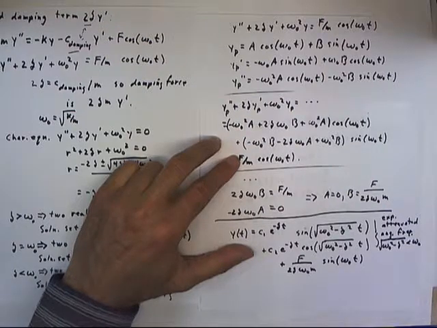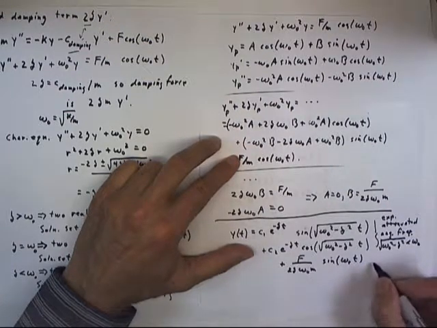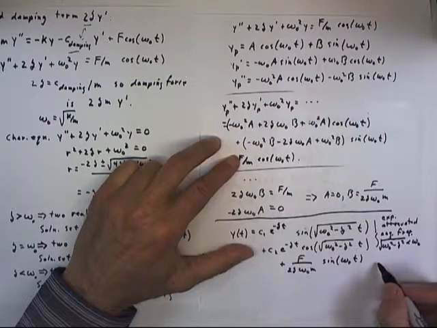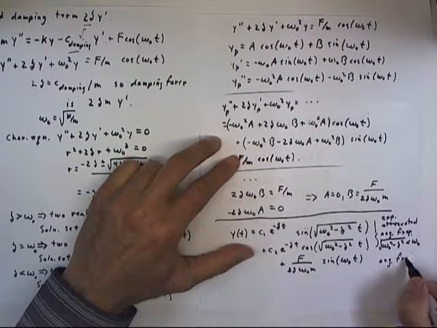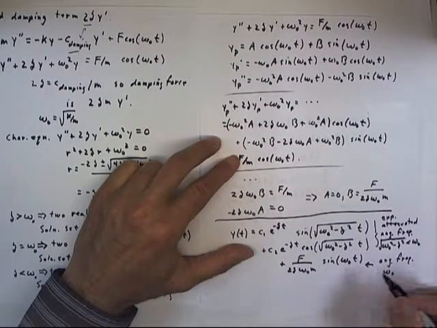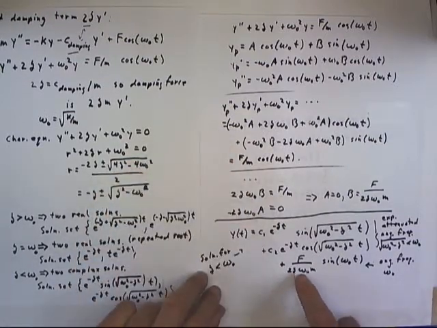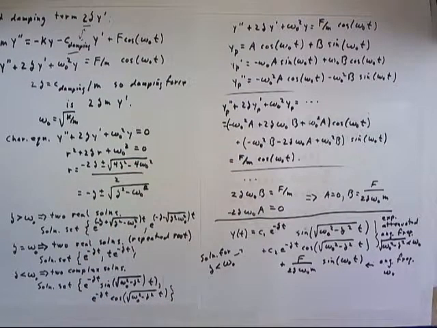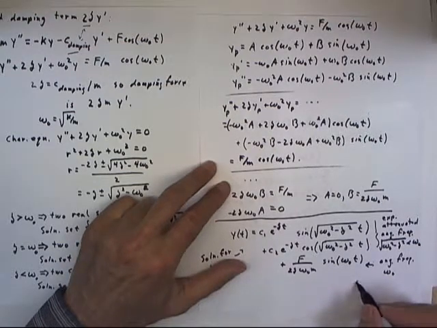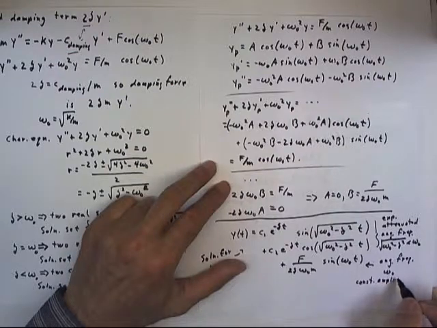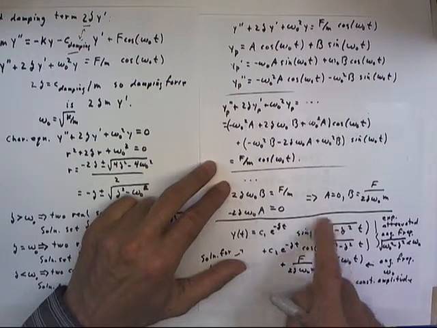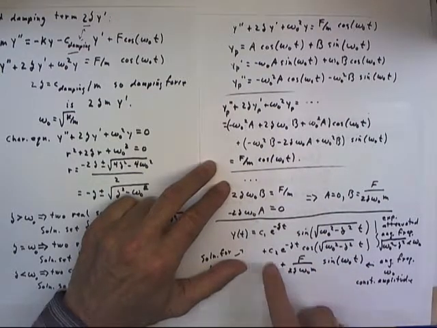This non-homogeneous term has angular frequency omega naught, and it has a constant amplitude. So this term eventually takes over our solution no matter what our initial conditions are.